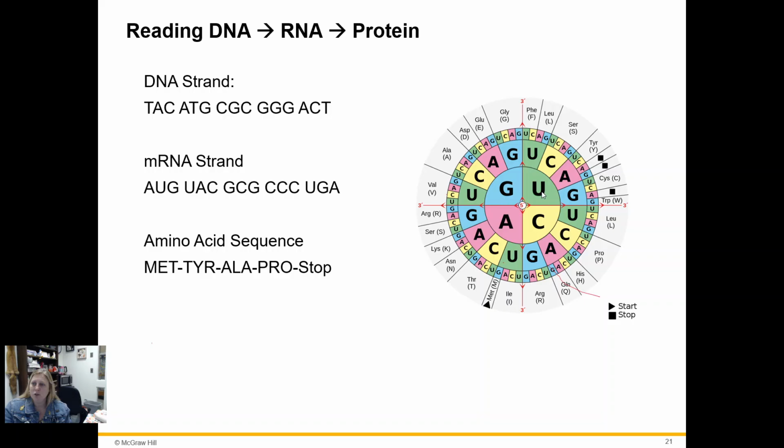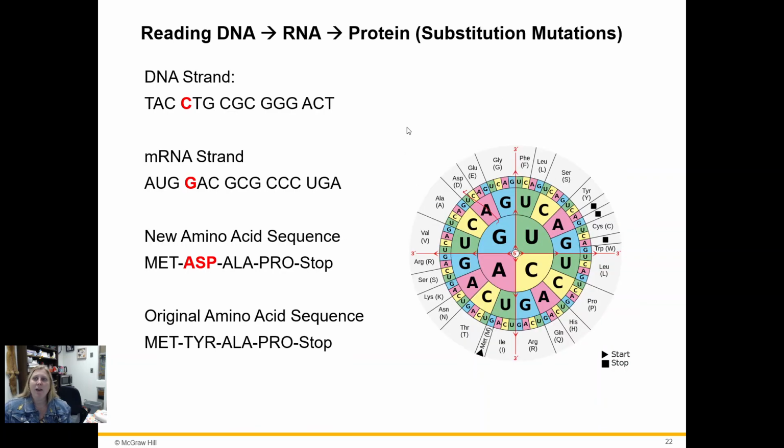UAC, U, and then A, and then C is tyrosine. GCG is alanine. CCC is proline, and then UGA. UGA is a stop codon. So I have methionine, tyrosine, alanine, proline, stop. That would be my protein. That would be my polypeptide that was functional.